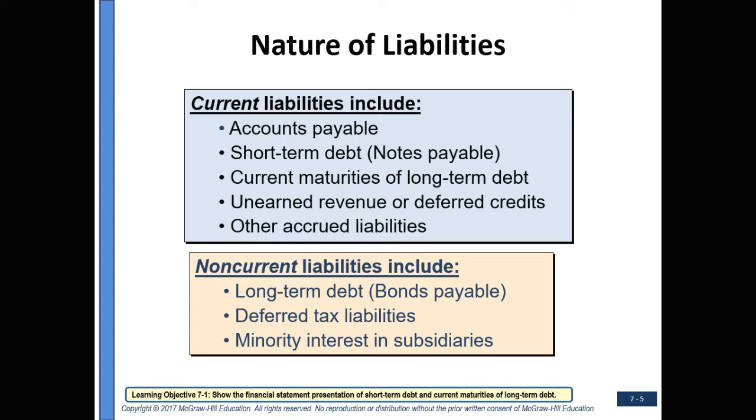Those that are non-current, for the most part, are the long-term debt in the forms of bonds payable, perhaps notes payable, deferred tax liabilities, mortgages payable, and minority interest in subsidiaries.